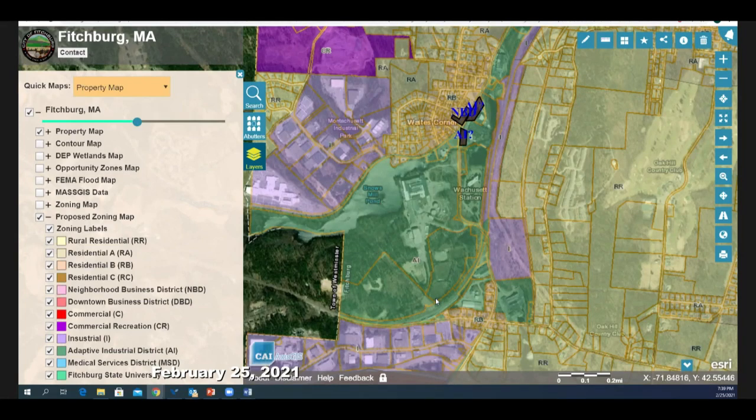For example, when we did a study on these parcels, these two together are almost 100 acres, and there's a proposal for a technology park. A technology park would be better served, permitted through adaptive industrial than industrial because it's not an industrial use. But maybe something industrial would take place there, so we wanted to keep the flexibility open.